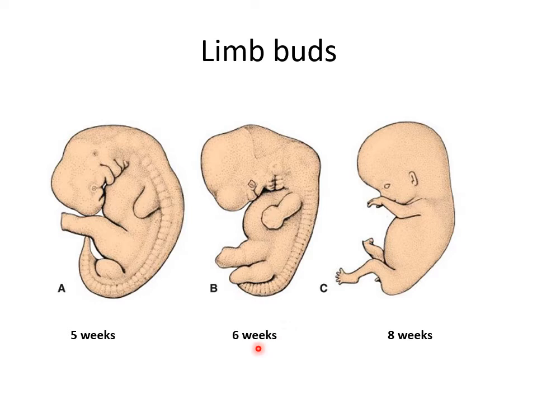At the age of 6 weeks, a circular constriction appears distally in the limb buds that separates the proximal part from the distal part. Then at 8 weeks, another constriction appears to separate the proximal part into two parts.